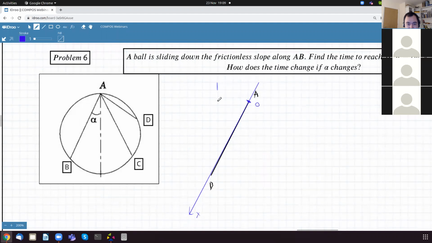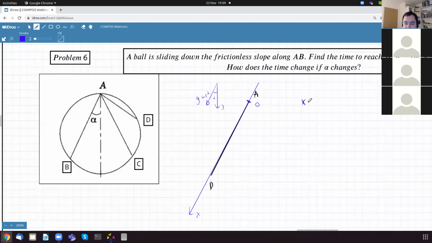And we have the g, and this is alpha. This is the component of g, g cos alpha. And then we just write down the equation of motion.